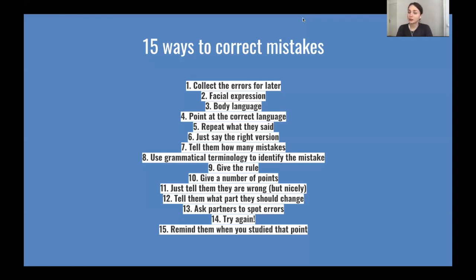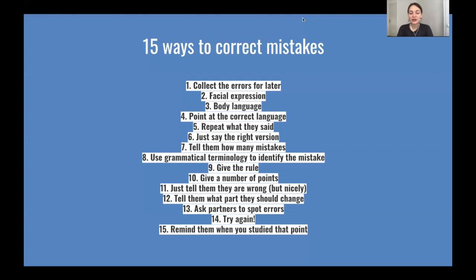So then your student says, "Oh yeah, that's right," and corrects himself. Or you can always ask, when we use was and when we use were. Without saying it yourself, your student makes a mistake and you say, okay, good, but when do we use were and when do we use was?